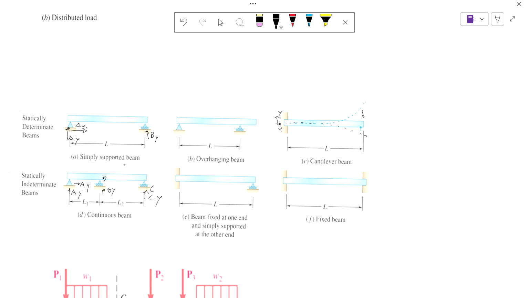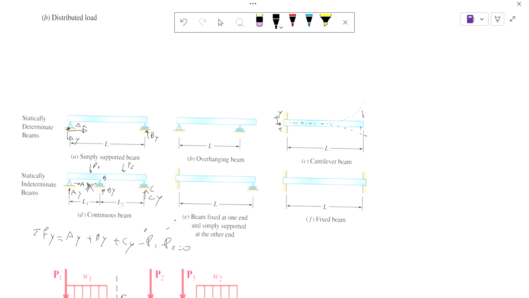Why? Because say they give us two forces, distributed or concentrated, P1 and P2. For that case, summation of forces in Y, we have Ay plus By plus Cy, minus P1 and minus P2 equals 0. And Cx is pretty simple because we know it's going to be 0. There's no other force in X. So we have one equation and three unknowns, because P1 and P2 are given. They're the loads.